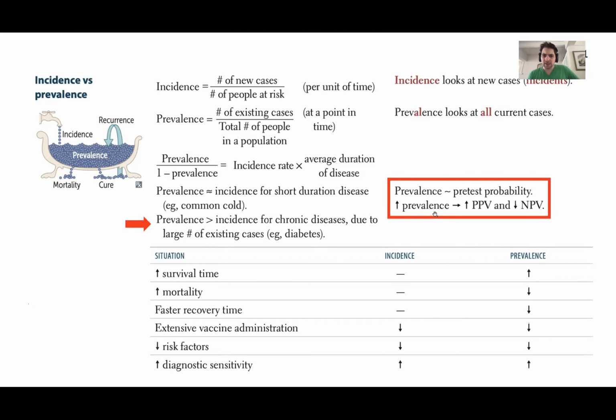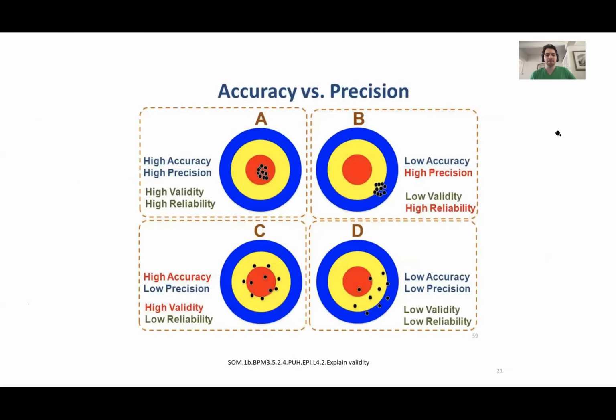It was in your notes. The increased prevalence of the disease is going to increase your positive predictive value. That just means there are more people in the population that will test positive. So in sheer numbers, your positive predictive value will go up, because it's just more common in the population.